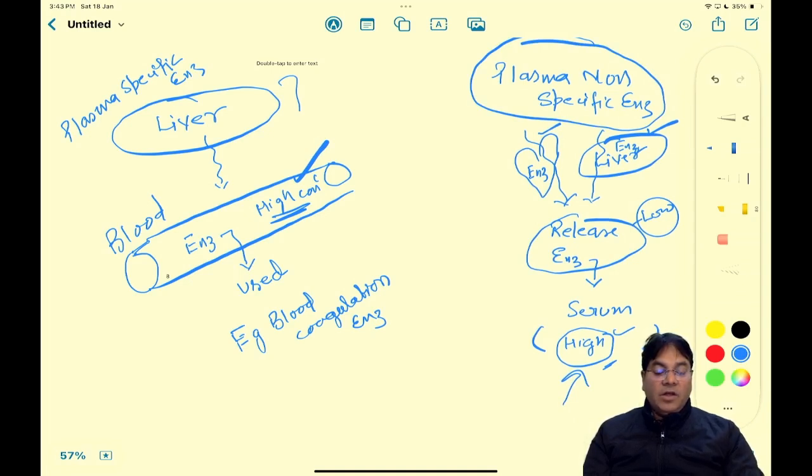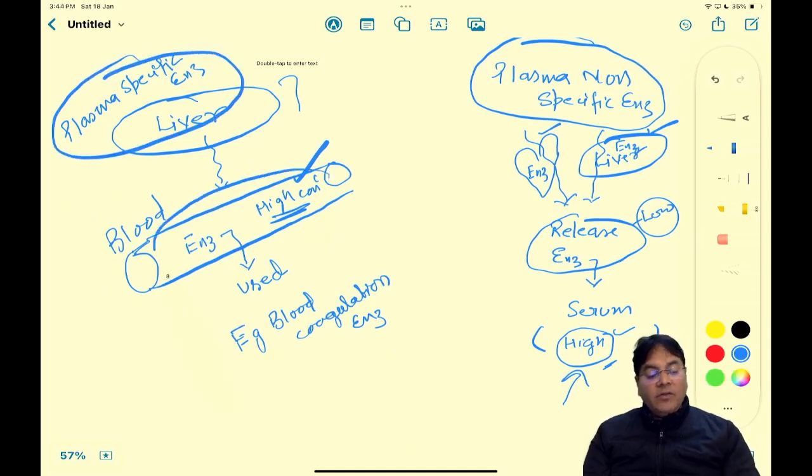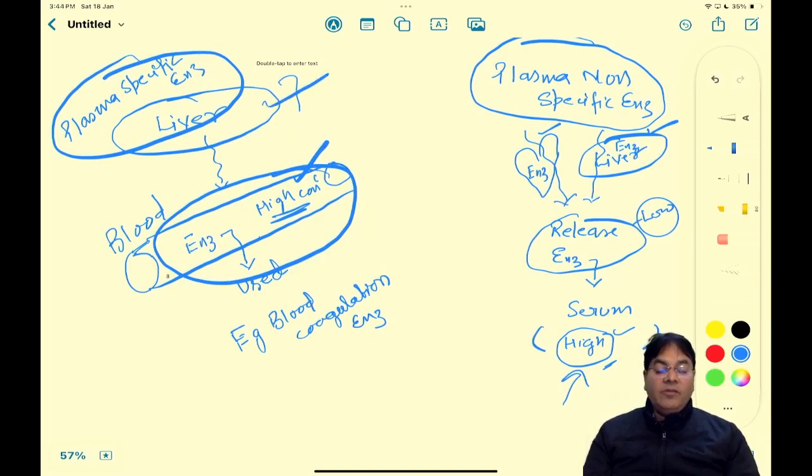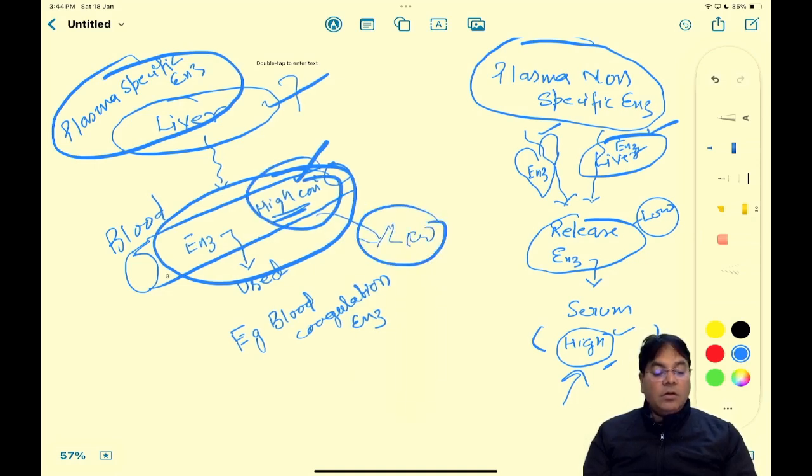In case of plasma specific enzymes, they are usually present in high concentration in the plasma because they are continuously released as required from the different organs of the body, like in this example I have shown you with the liver. So their high concentration is a normal case, but if their concentration decreases and becomes low in the blood, then there is a problem. This is the main difference between plasma specific and plasma non-specific enzymes.